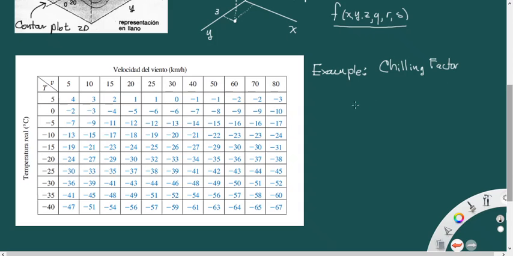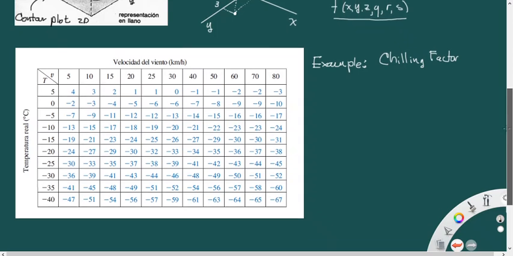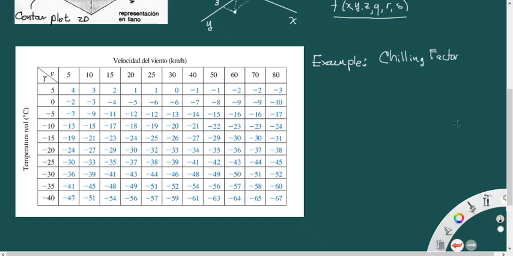You can check the temperature in your cell phone or on an internet page, and let's say this is the temperature for today, 73 Fahrenheit.